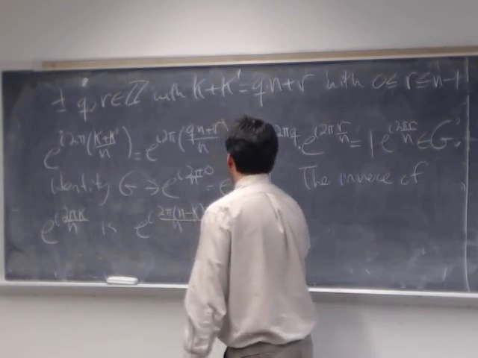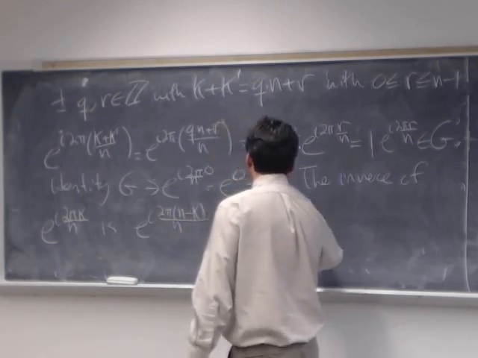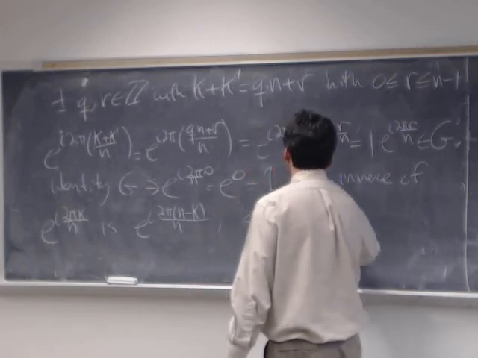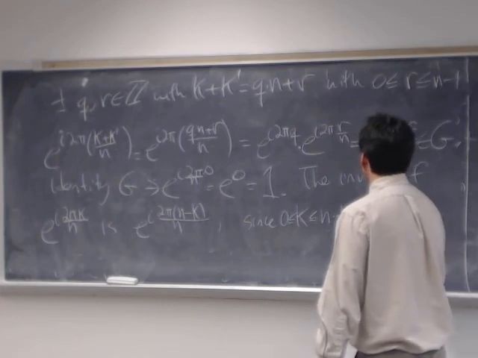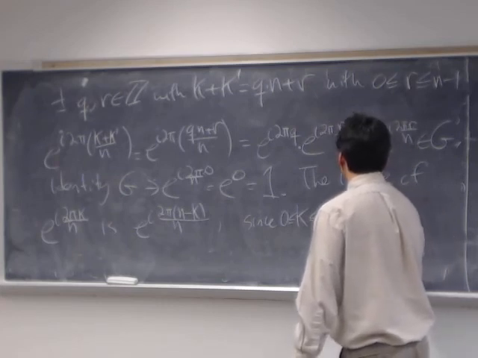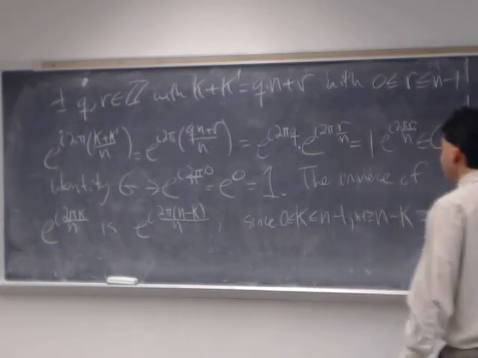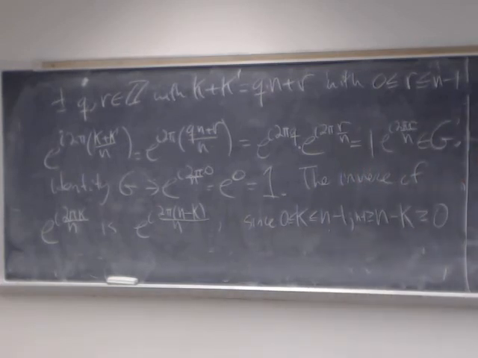And we note that since k is between 0 and n minus 1, n minus k is going to be between n minus 1 and 0, right? We're not going to subtract anything that's bigger than n minus 1, so that means the smallest n minus k would be 0. But we're also not going to subtract anything smaller than 0.